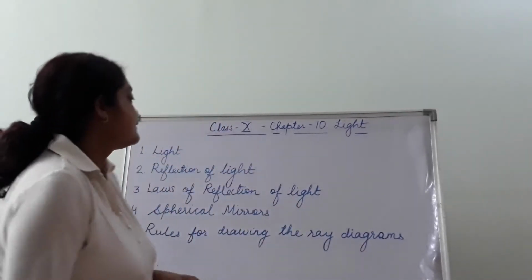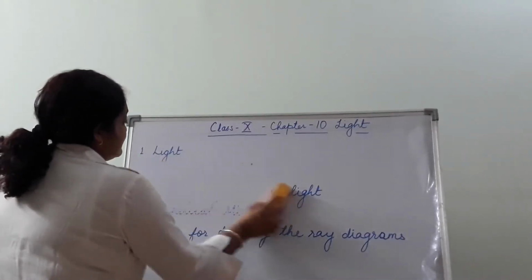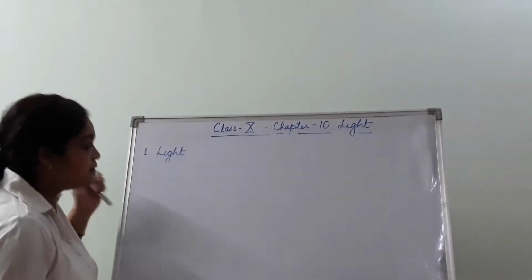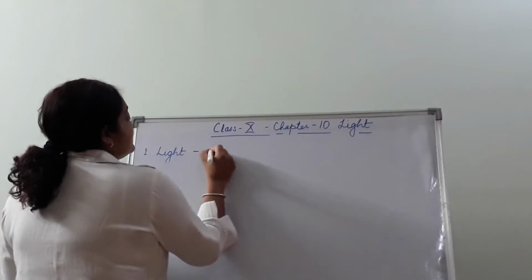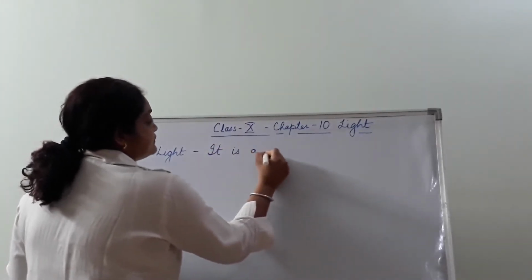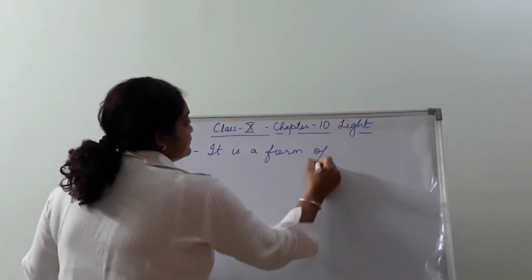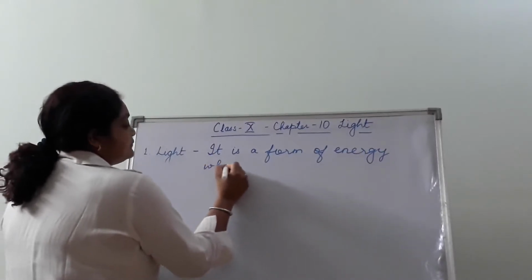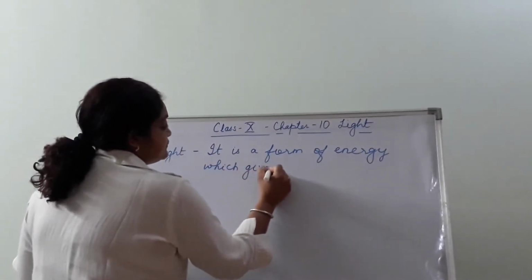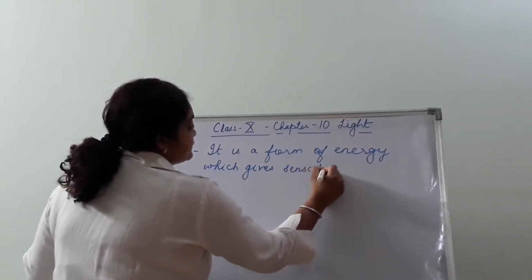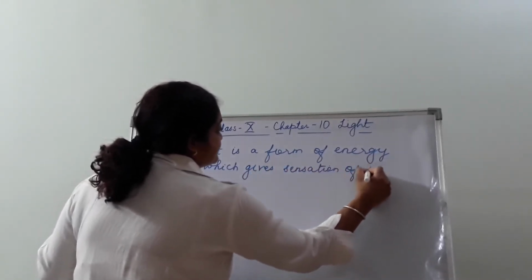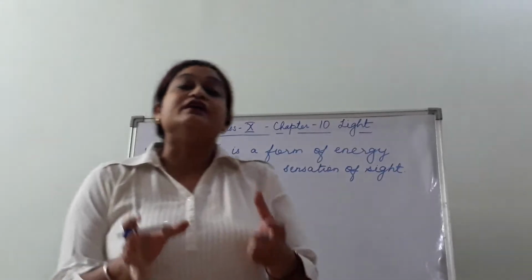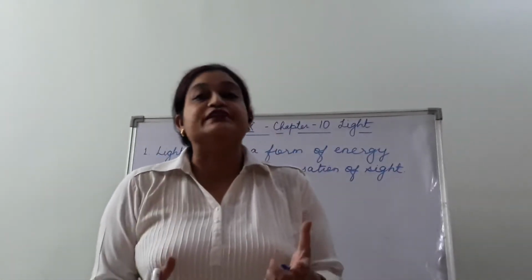Light is a form of energy which gives the sensation of sight. So light is a form of energy, and due to light we are able to see things.